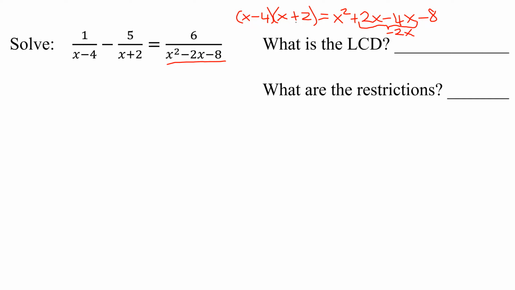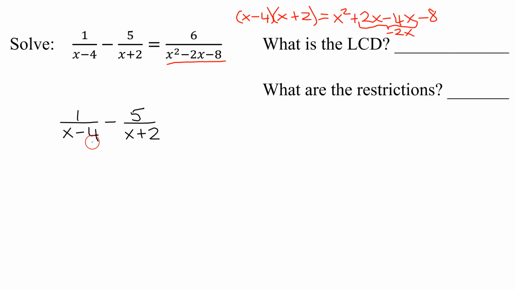Remember, that won't work in every case, but if it works, it's very quick. So what I'm going to do is rewrite my problem with this denominator factored, and I'm going to leave a little room around every term because I'm going to have to multiply every term by the least common denominator.